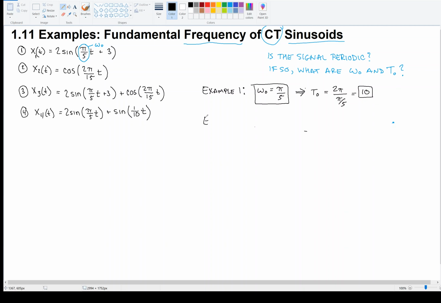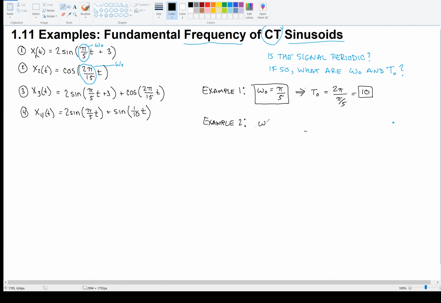Let's take what we just did there and see if we can get example 2. Again, I look at example 2 and I have a cosine of a continuous time variable t. And what is multiplying that continuous variable t? Well, in this case, it's 2 pi over 15.